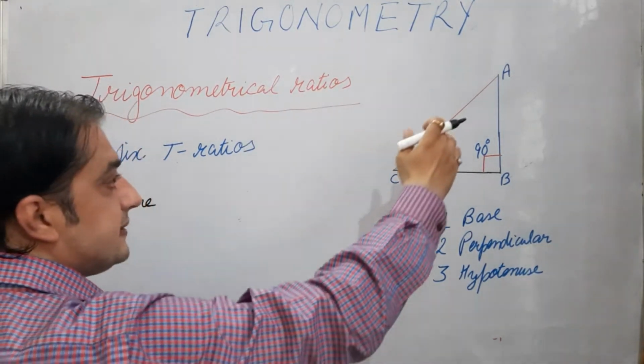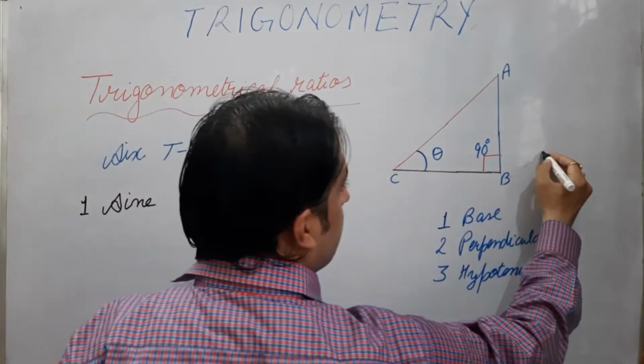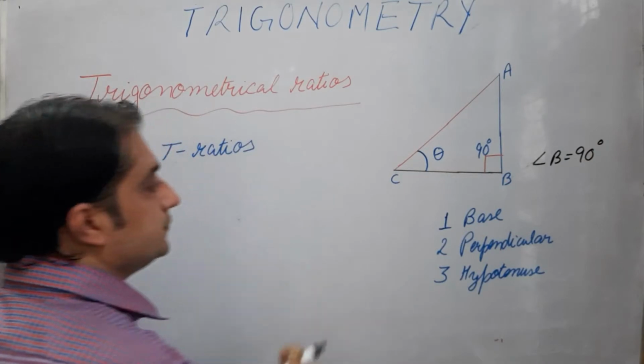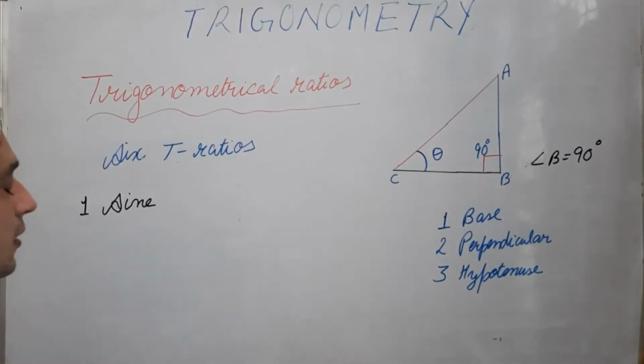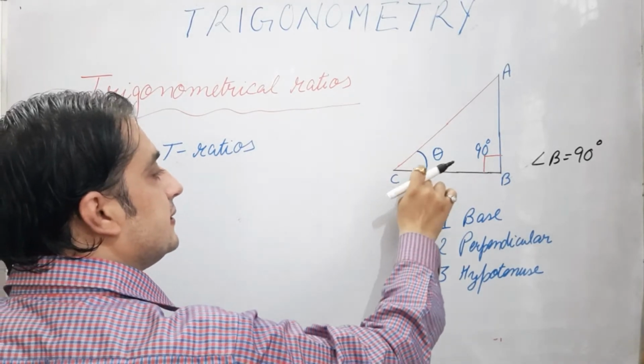If I talk about this right angle triangle, angle B is equal to 90 degree, right? And my angle of reference is C, that is angle theta.